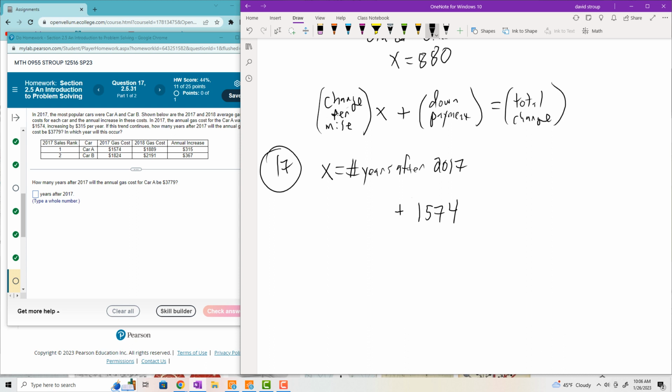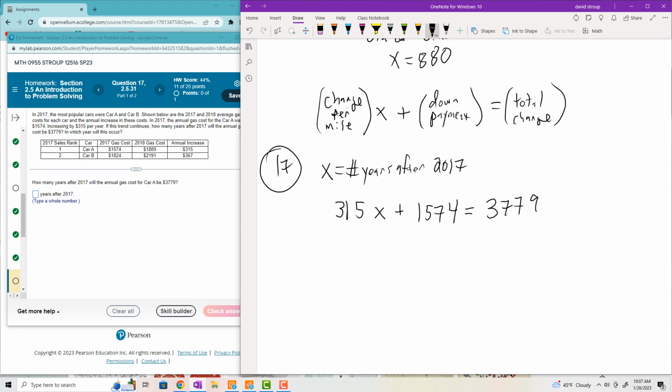And then it's saying it's going up per year by $315. Right? And then at the end of the day, we want to know when it is going to equal $3,779, right?